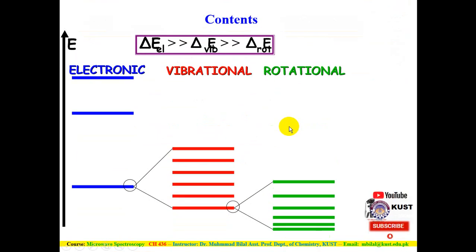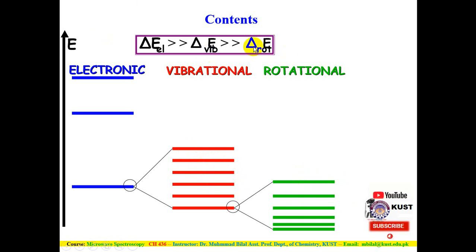Here we compare the different energy levels for the electronic transition, ultraviolet region, vibrational region and the rotational region. We can easily observe that the energy gap for the electronic transition is highest, then for vibration it is lower, and for rotation it is the lowest.